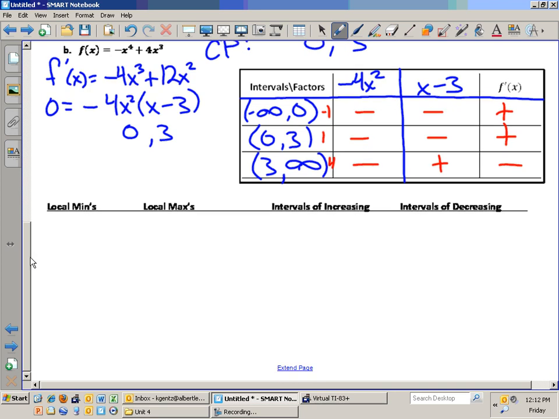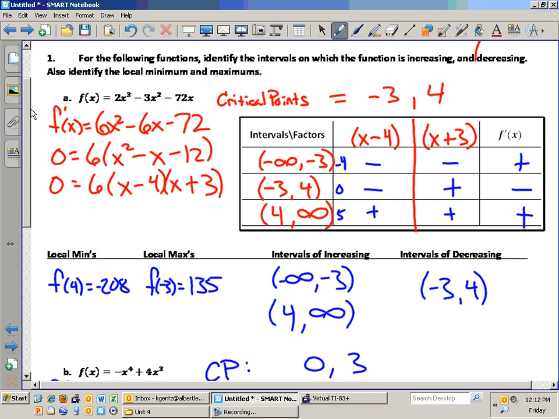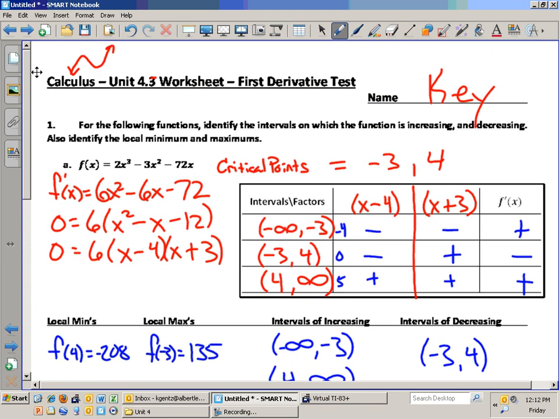So intervals of increasing are going to be from negative infinity to 0 and from 0 to 3. Intervals of decreasing, 3 to infinity is where it's decreasing. Now, again, local max occur where it goes from increasing to decreasing.